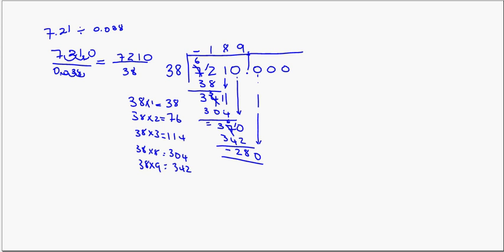Right, that'd be 7. 38 by 7 is 266. So you come here, 7 by 38, 266.